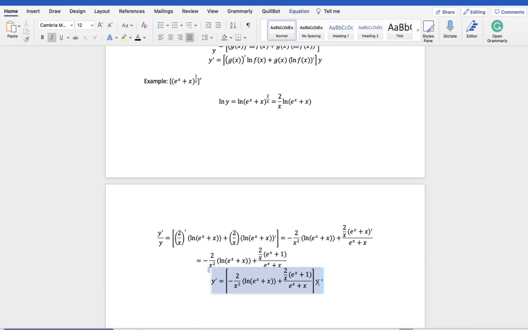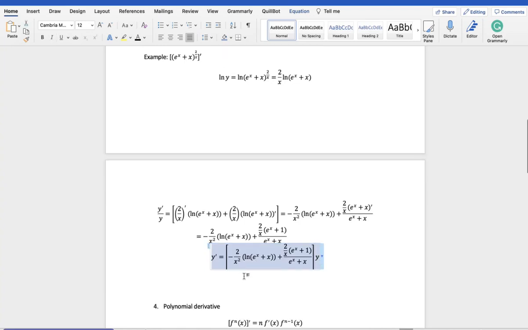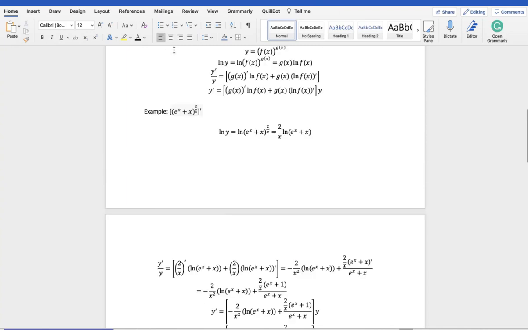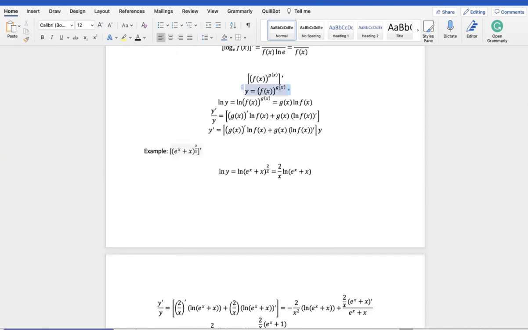And if you look back at our original supposition, we let y be equal to our function. I didn't write it, but this is what we had. So y is basically equal to our function that we were originally given.